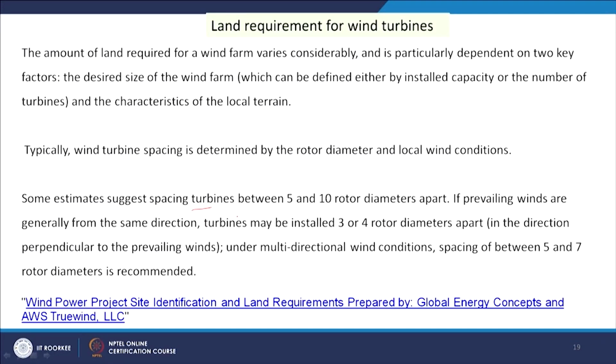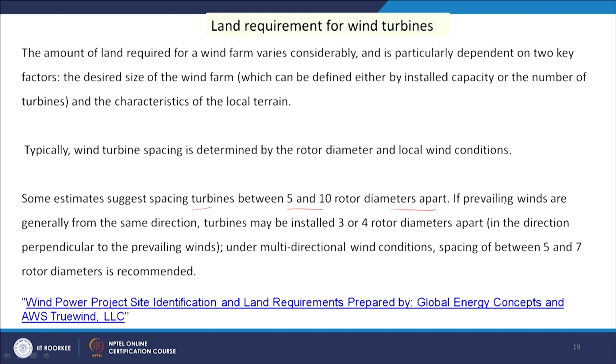So, this gap is necessary. The land requirement will depend upon the number of turbines I need to install, or the overall capacity of the plant I want to get from the windmills, which should be known to us so that we can calculate the land requirement. A thumb rule says spacing of turbines should be between 5 and 10 rotor diameters apart.